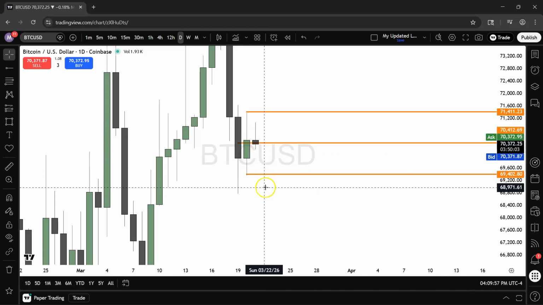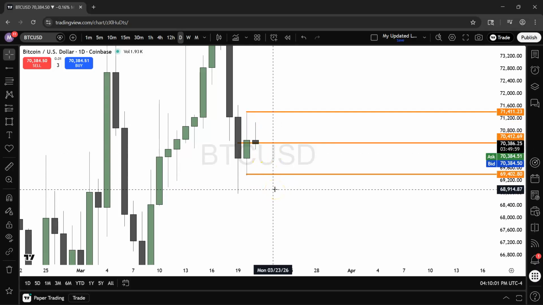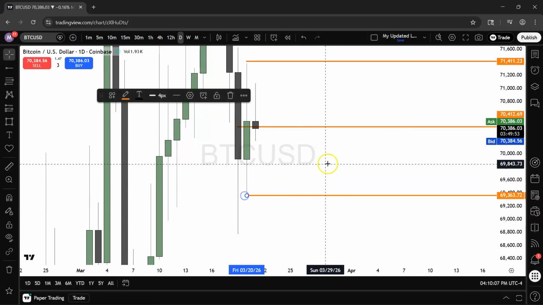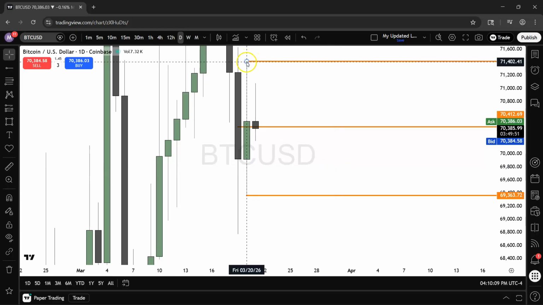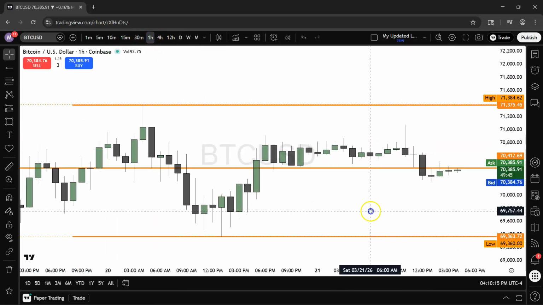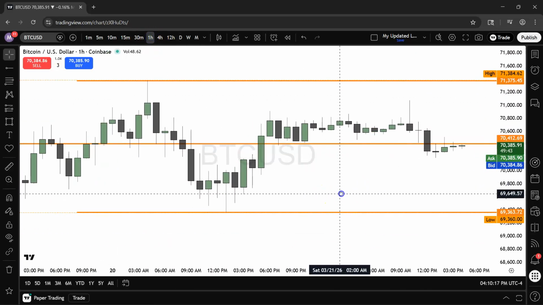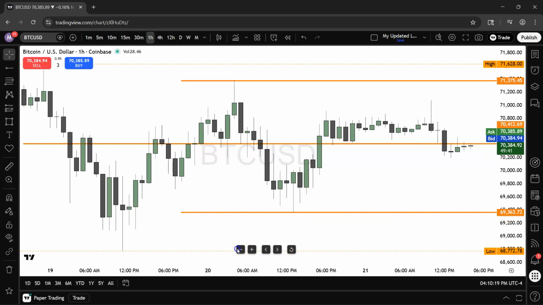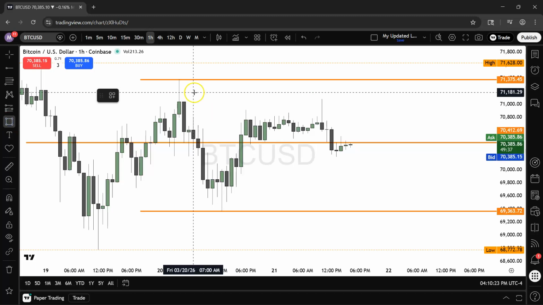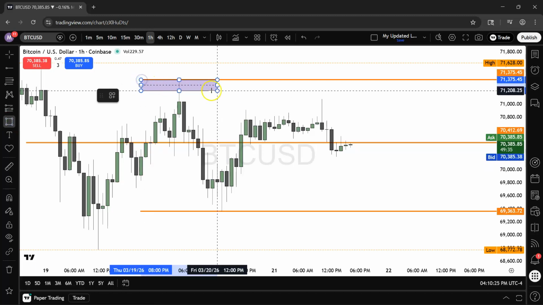The next thing I want to do is make sure that I got my levels correct here. I'm going to drop down now to the 1 hour, and I'm going to mark an area above and below.